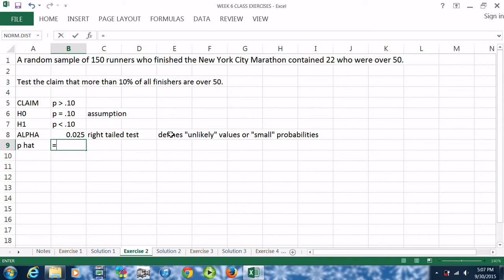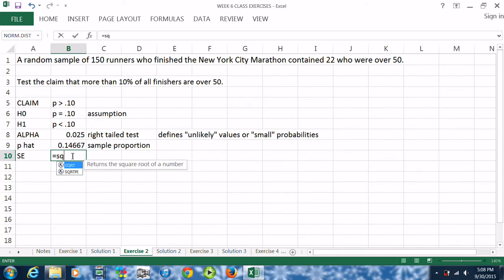Now we're ready to compute our sample proportion, P hat. We did that before. That was the 22 out of 150. So there's our sample proportion of 0.1467. We need our standard error. The standard error is going to be different than the previous example because the standard error is based on P, and this time we're assuming that P is 0.1 rather than 0.2.